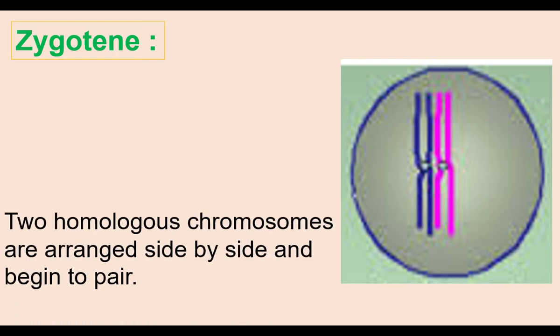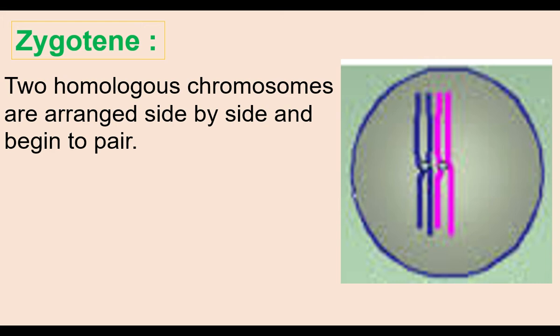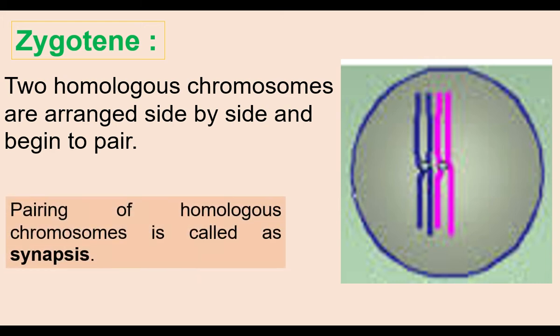The first pair are longer and the last pairs are shorter. Two homologous chromosomes are arranged side by side and begin to pair. In any place of the nucleus, there are 2 homologous pairs. Pairing of homologous chromosomes is called synapsis.